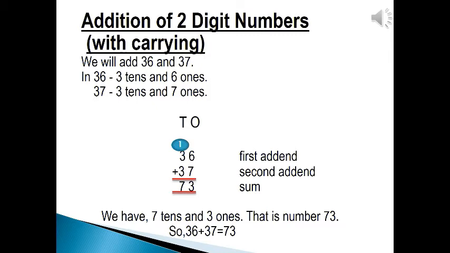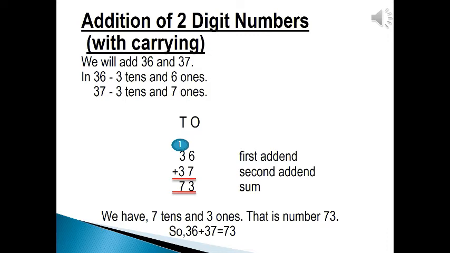In 37, 7 is at ones place and 3 is at tens place. First, we will arrange the numbers in their place value. Always we add the numbers from right to left. So, we will add ones column first.